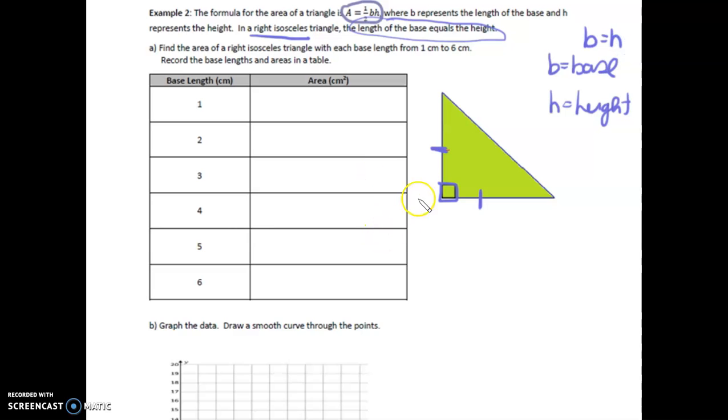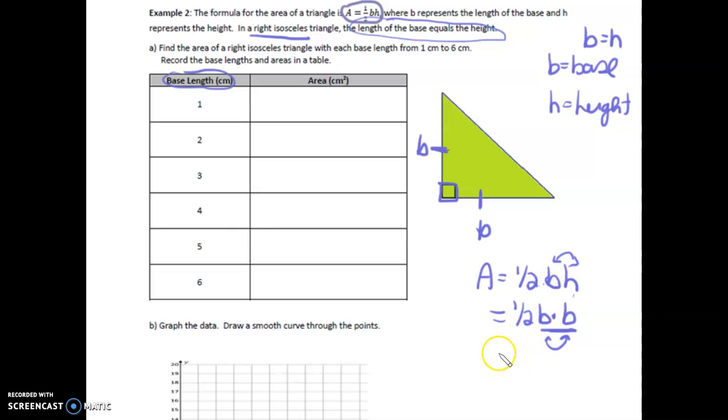So why don't we go ahead and call both of these B? Instead of having area equals half the base times the height, we're going to simply have half the base times the base again. And what that's going to allow us to do is plug in the same number instead of plugging in two different numbers for the base and height.